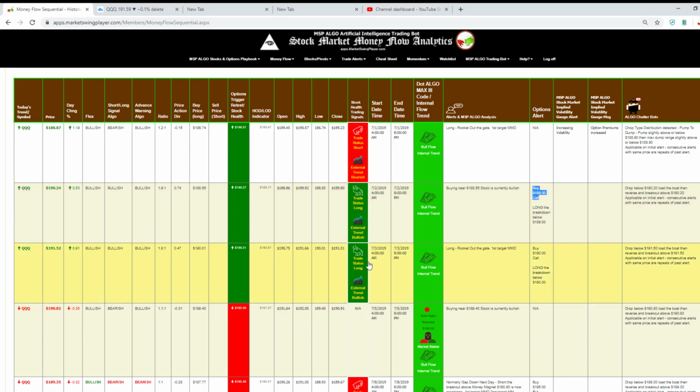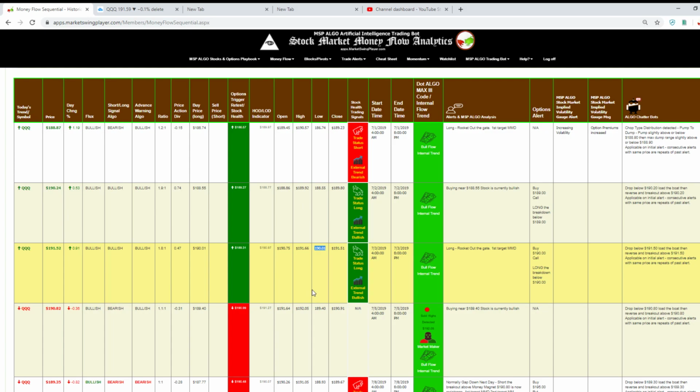Or 190 or whatever. It doesn't have to be that price. Normally I like to be in the money when my target hits, so I'll buy a little bit out of the money. It's up to you what you want to do. And then let's see what happens. So the next day, price dropped a little bit below 190.20, so that's 190.01.